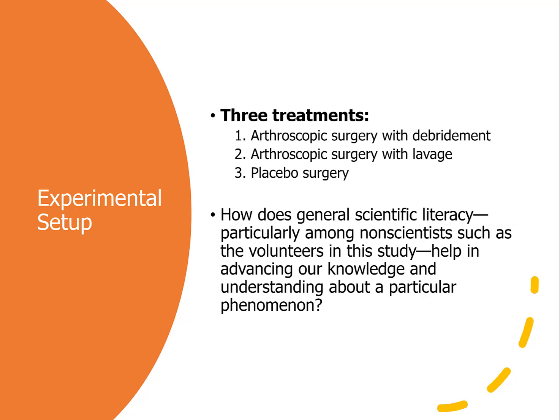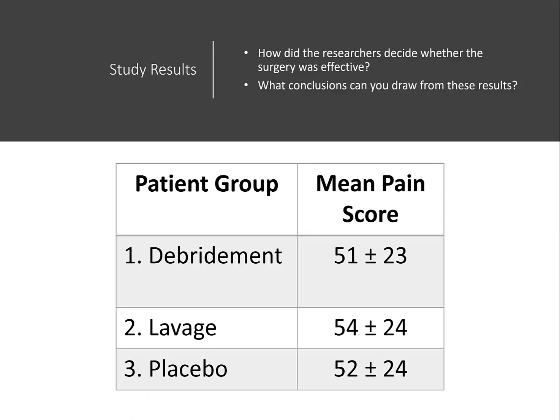So how does the general public, particularly among non-scientists, the volunteers in the study, help in advancing our knowledge? Well, how did the researchers decide whether the surgery was effective? If you look at the cutout, they had 51% plus or minus 23 for lavage, where they use a saline solution, and so what you saw was placebo.